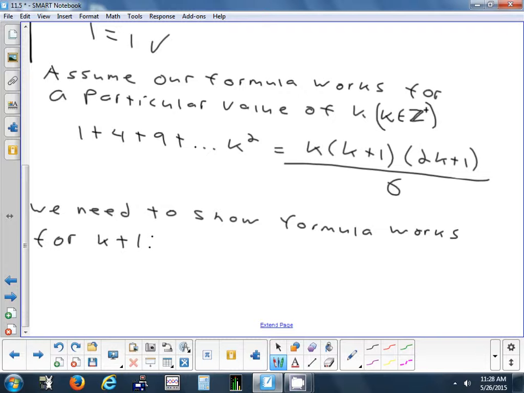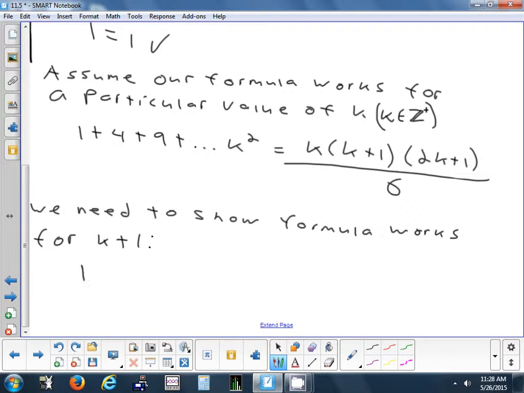So I'm going to have everything I have here plus one more term, the k plus 1th term. Yep? After you put in the plus k plus 1 squared, anything that's going to come before that? Well, you're going to replace all that with the big formula on the right.